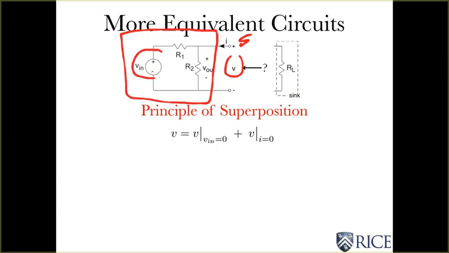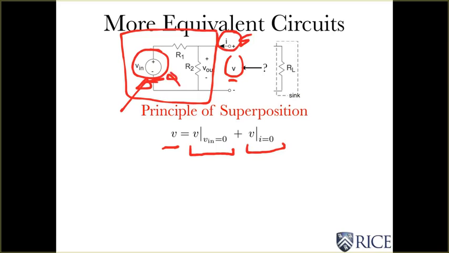But because of the presence of the source, there's going to be an additional term, which is the part of V that's due to the source. So the principle of superposition says that voltage V will be equal to the sum of the voltage you get when you set the voltage source that's inside, Vn, to 0, plus the part you get when you set the input current to 0, and that'll give you the part of V that's due to Vn.